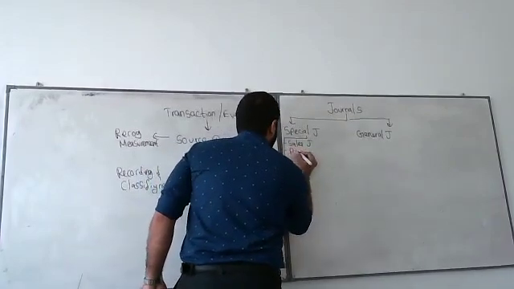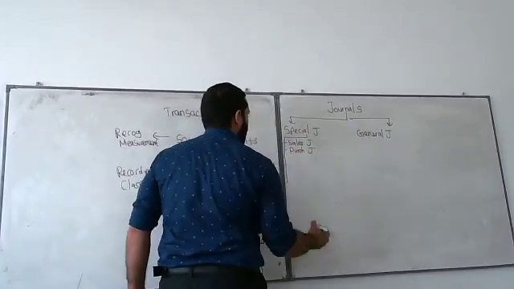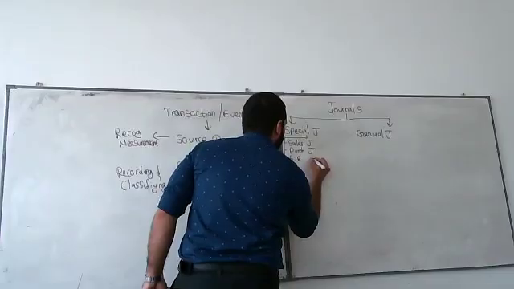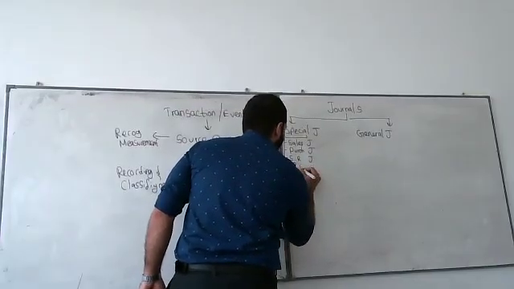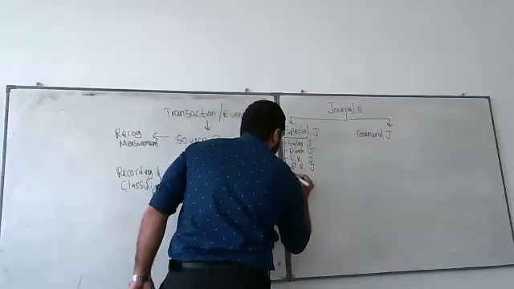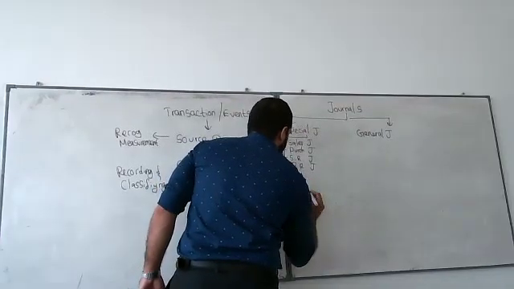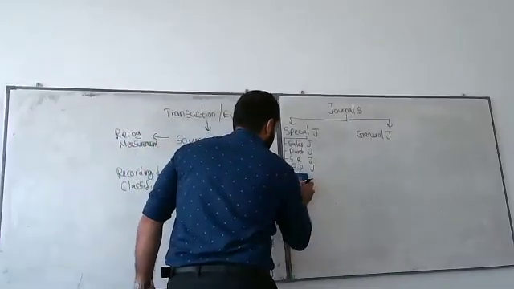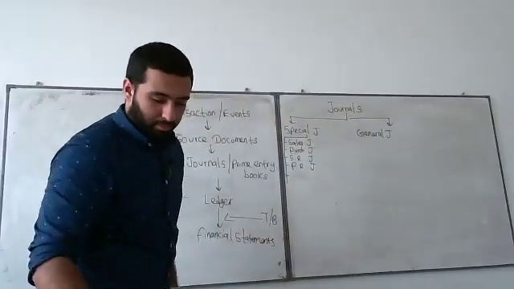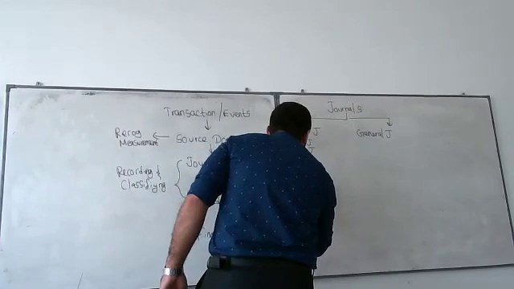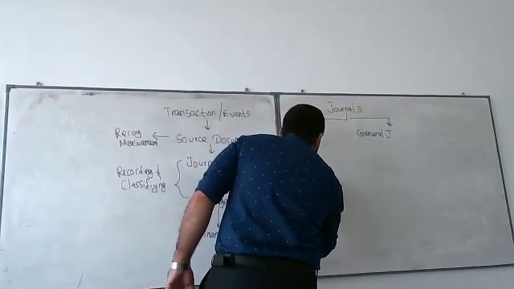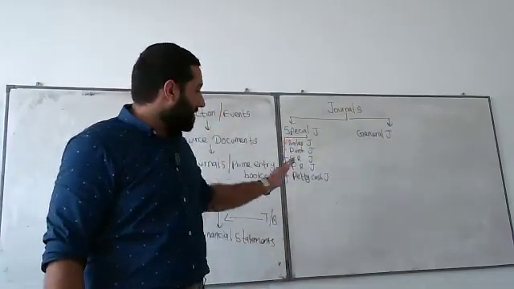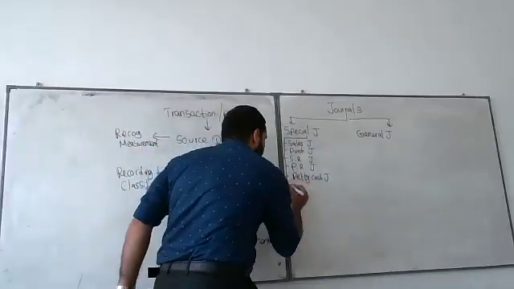There is purchase journal, sales return journal, purchase return journal, petty cash journal. There can also be a receipt journal and a payment journal, so there can be many things.